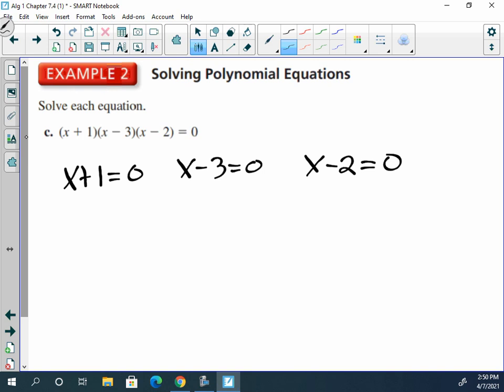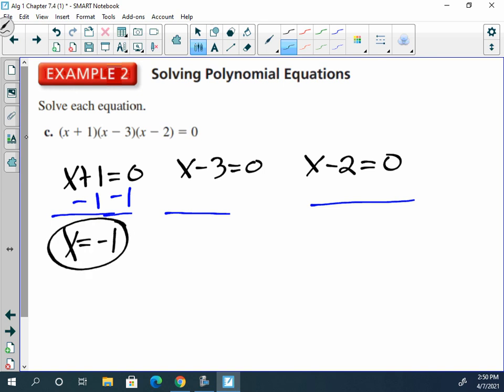So now we just need to solve for each one of these. For x plus 1, what do we need to do to solve for the value of x? Minus 1 from both sides, which would tell me x is equal to negative 1.